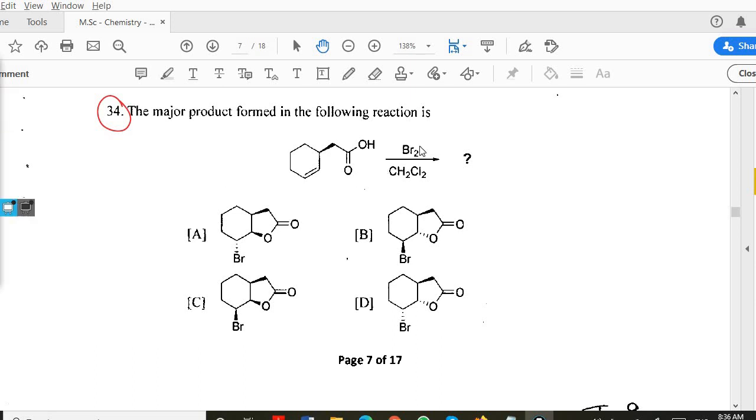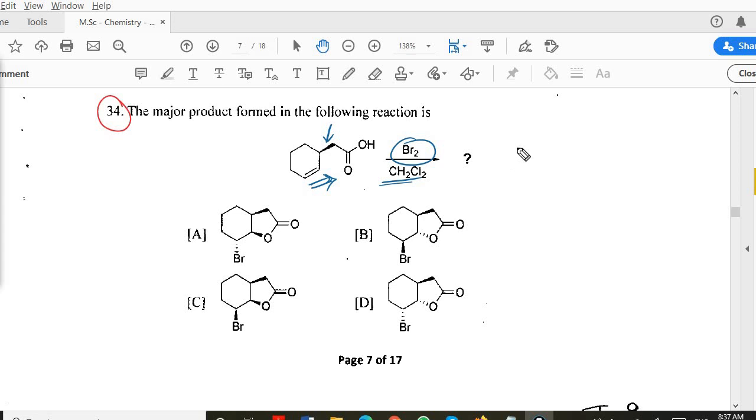Next reagent system, bromine attack in the non-polar solvents. Okay, bromination in non-polar solvents. So this group is above the plane, and bromine will attack at the double bond. Bromine addition will detect the double bond and saturation.